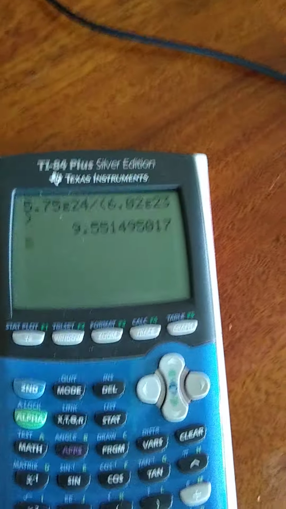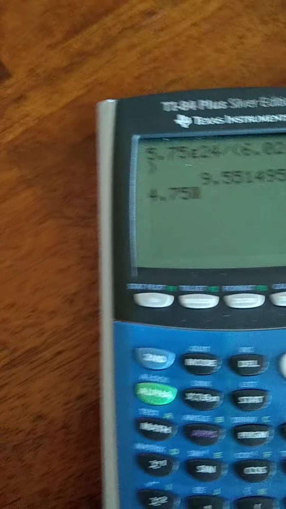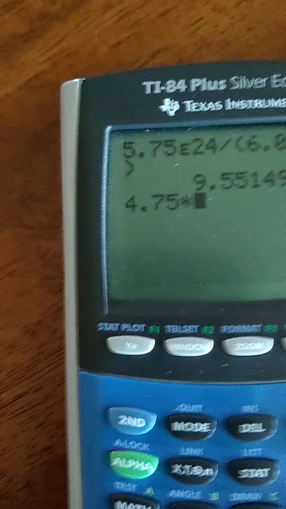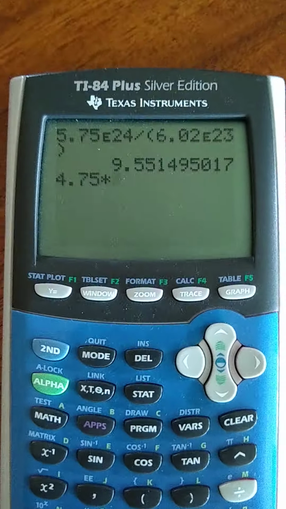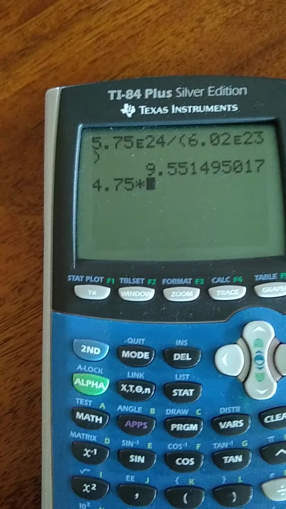4.75, and I'm going to go times. And let's say you don't have the EE button in your calculator, you can still use scientific notation. You just have to make sure you use parentheses.